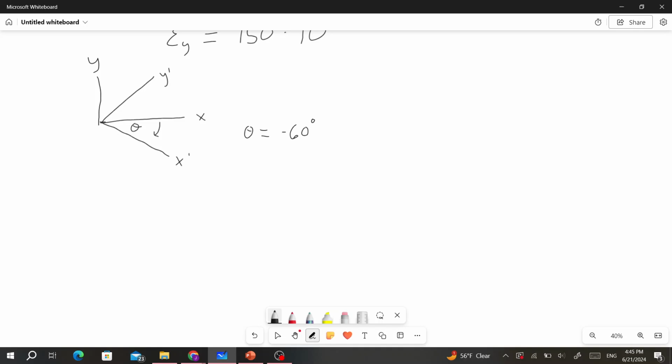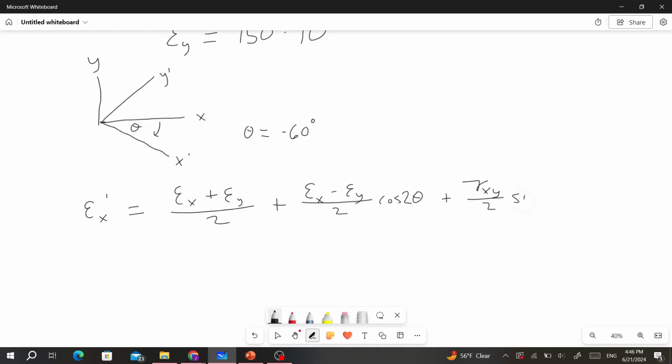For epsilon x prime, our equation is epsilon x prime equals epsilon x plus epsilon y divided by 2, plus epsilon x minus epsilon y divided by 2 times cosine 2 theta, plus gamma xy divided by 2 times sine 2 theta.